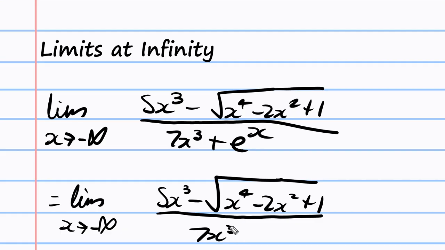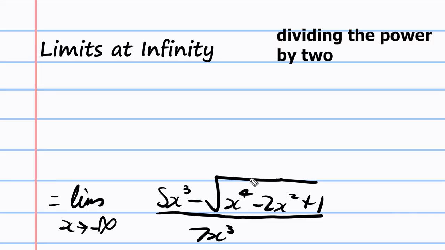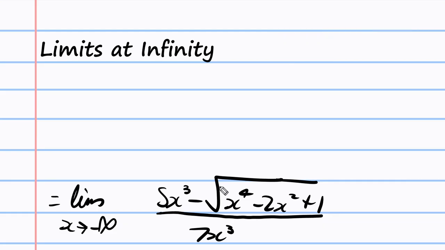All right. Now that we've rewritten this, we have to pick the term with the highest degree, the highest power. You might be tempted to pick x to the fourth, but because it's written inside a square root, you're going to treat it like it's the square root of x to the fourth, and that's like x squared, so that's not going to work.